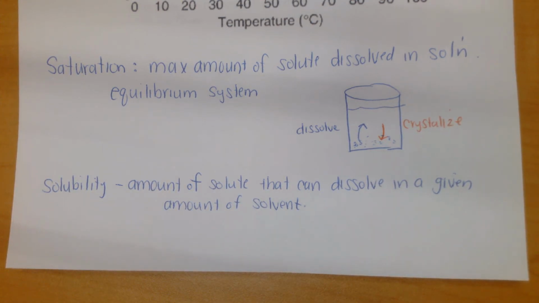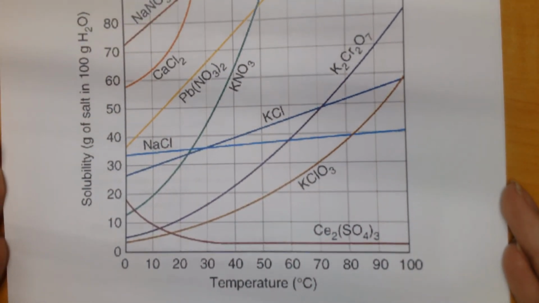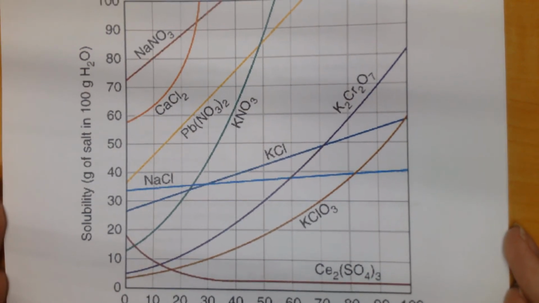So we can say the solubility of a particular thing is, for example, 90 grams of the solute would dissolve in 100 grams of water. So the solubility would be 90 grams per 100 grams. This is something we can determine experimentally, and we see that here.